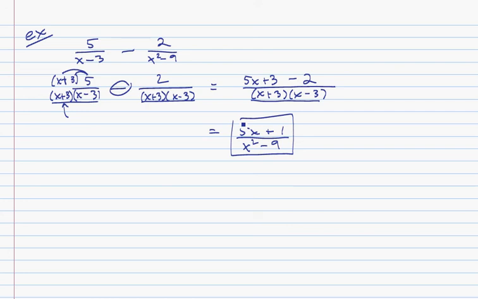Now you might have to add more than one thing to your fractions though. So here's one last example where that's going to happen. Okay, so I have completely different denominators here.